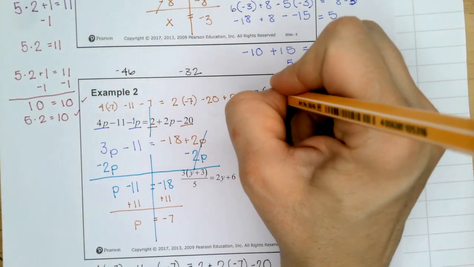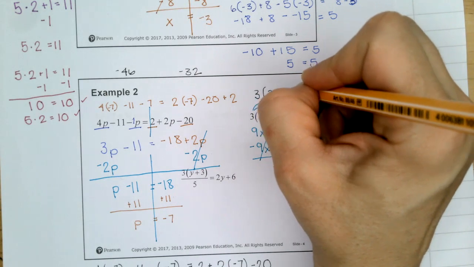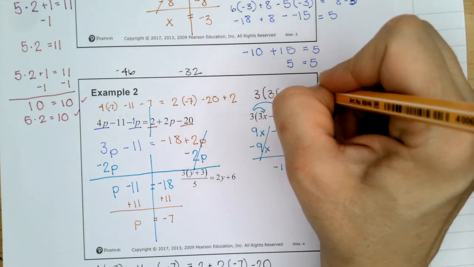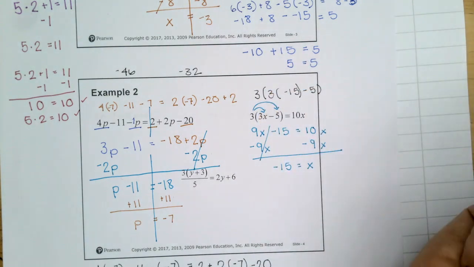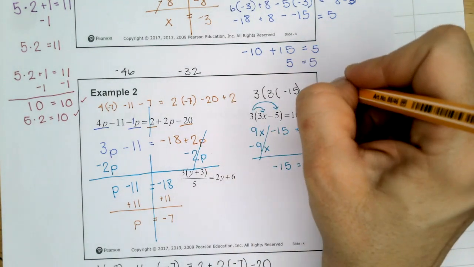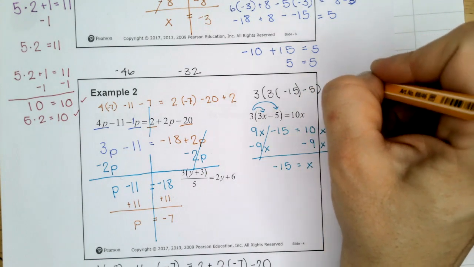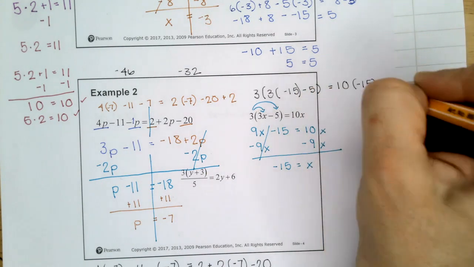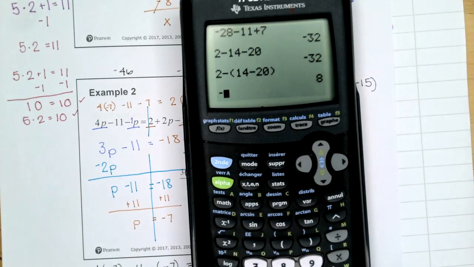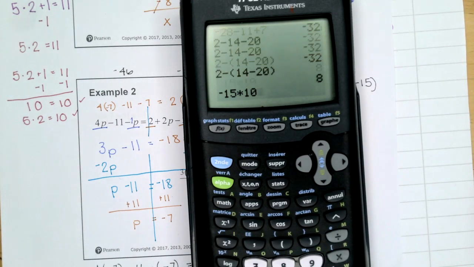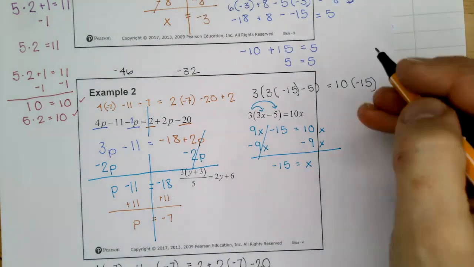3 times negative 15 minus 5, barely, equals 10 times negative 15. Good. 10 times a negative 15, think about that, try to do it in your head. 10 times a negative 15 is negative 150.